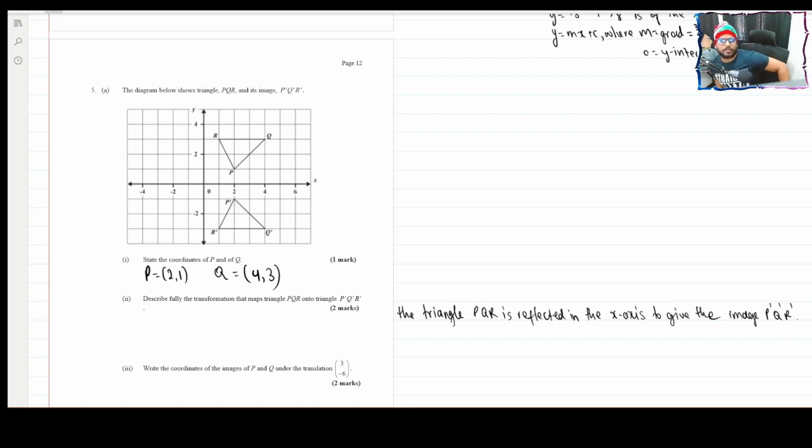Another way I could have described this transformation is saying it's reflected in the line y is equal to 0. That's accepted as well. Yeah, and that's it. As easy as it is.